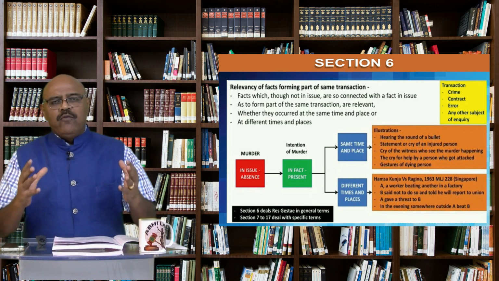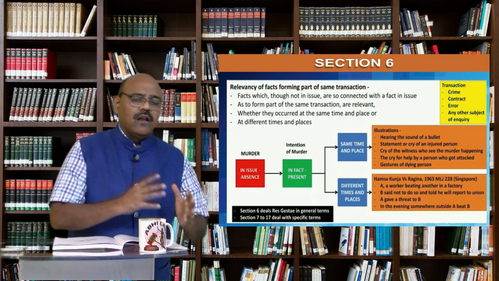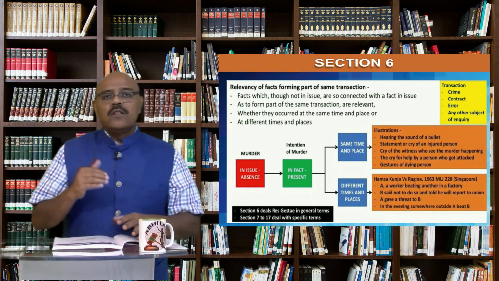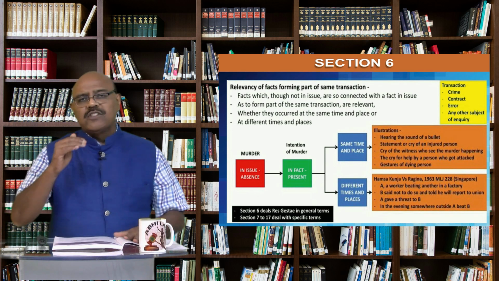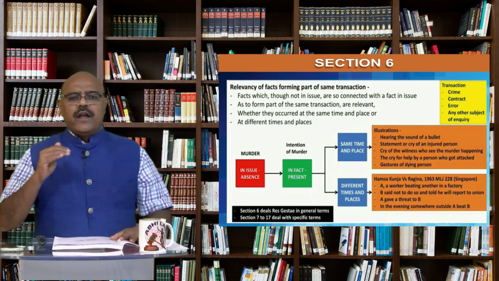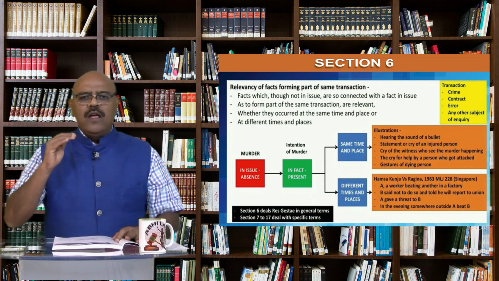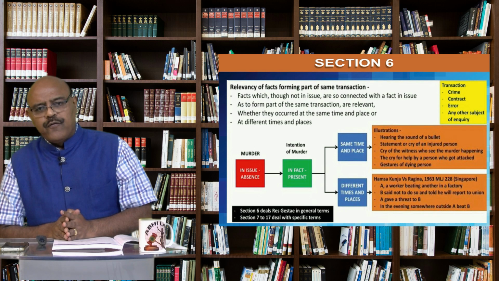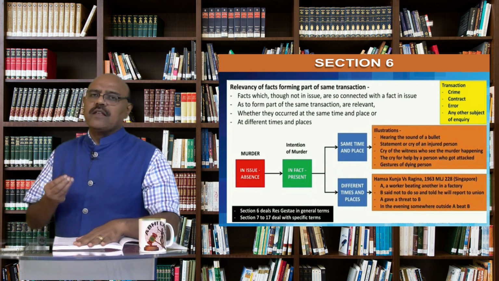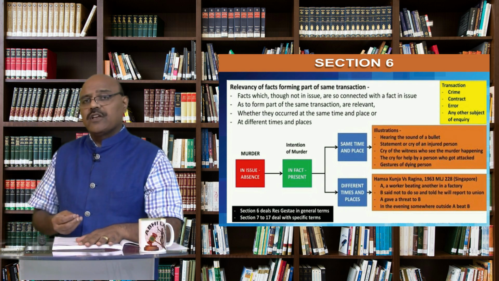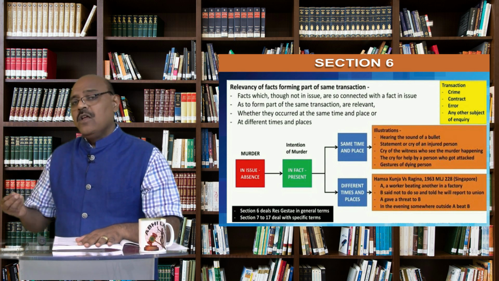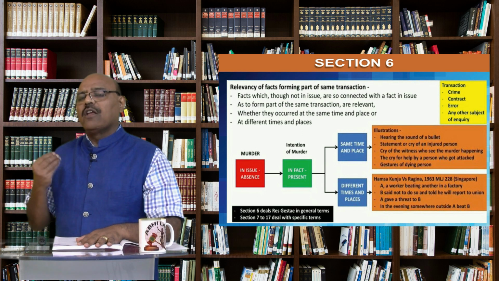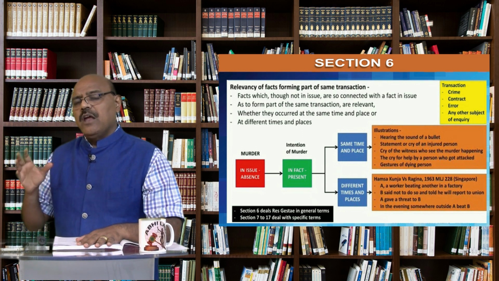That means when we need to connect one fact to another, when we ask how one fact can be relevant to another fact, the fact can be part of the same transaction when it has occurred at the same time and place, or at different times and different places. A very simple example is the previous illustration. X, Y, and Z were the bystanders. They saw A beating his wife B, and whatever they saw and heard became the same transaction.